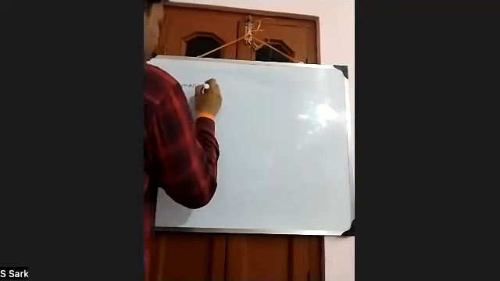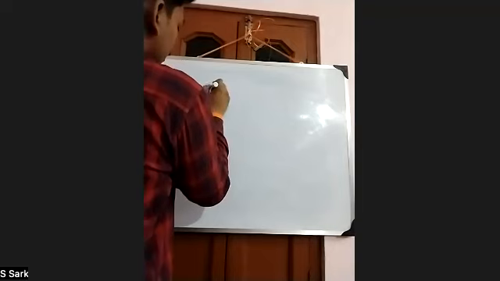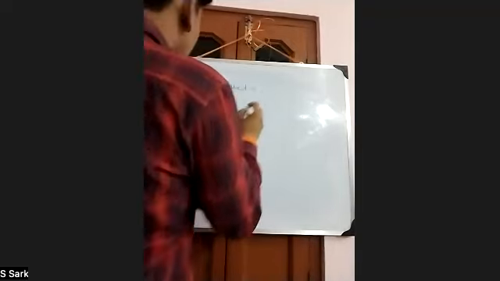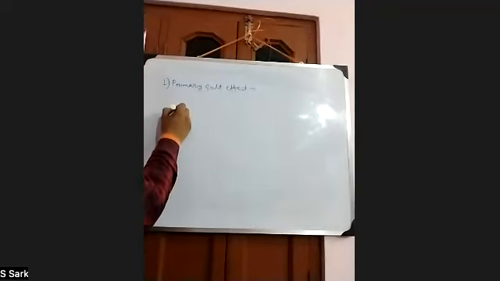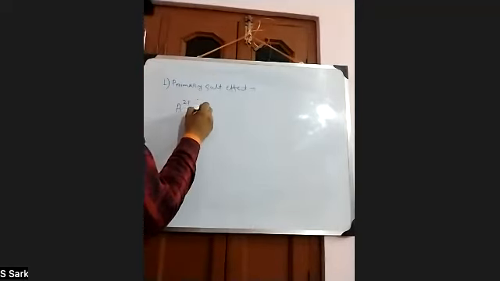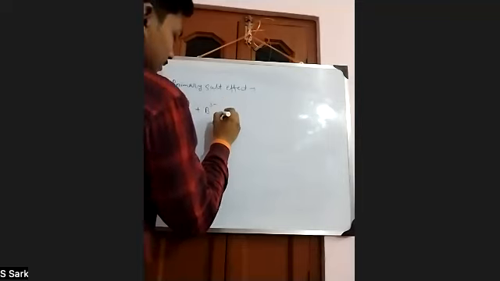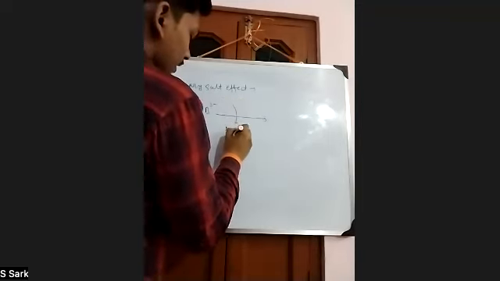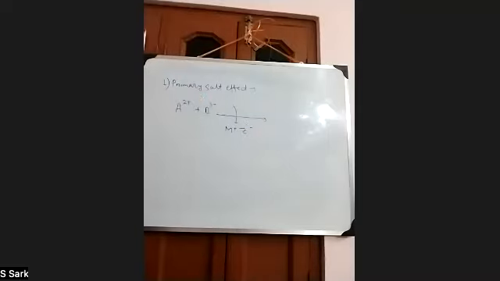In case of the primary salt effect, we add an inert electrolyte to a solution where A2+ and B3- were previously present, and we add some inert electrolyte, M+ and Z-. So we see that the rate of the reaction between A and B is increased.